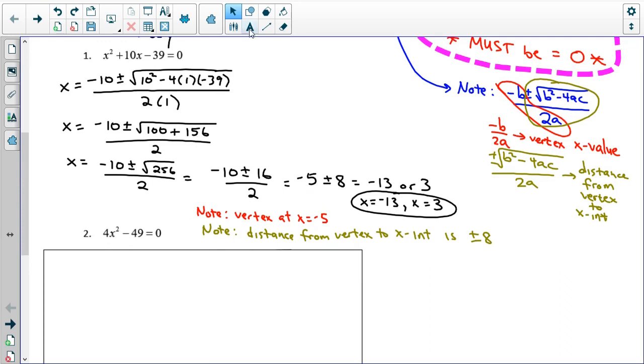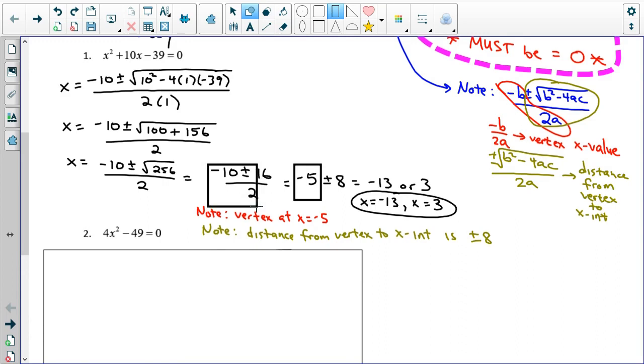One thing to note, if we take a look at this right here, we know that negative 5 is this negative 10 over 2 situation. And so what that means is that is the vertex value, the x value of the vertex.